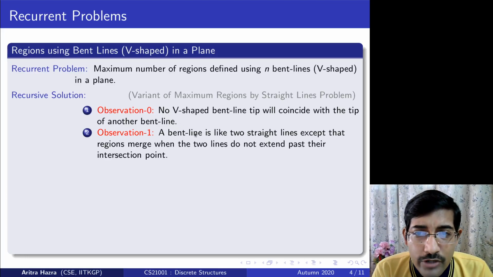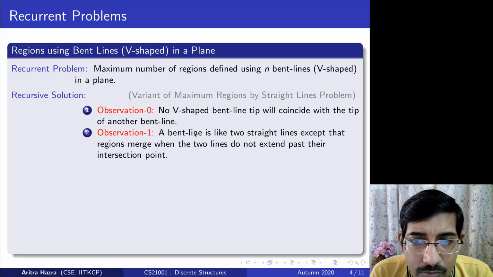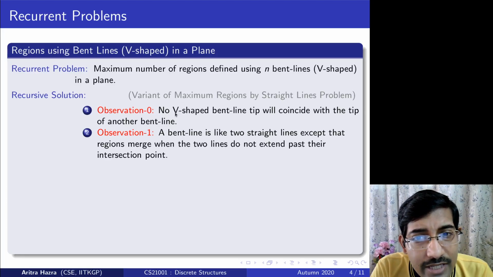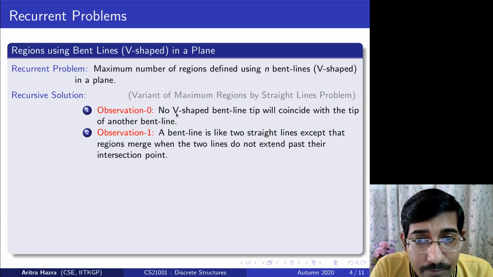So therefore, reaching the tip, these two straight lines will take exactly the same number of regions as in the earlier case. Beyond the tip, now the question is, observation 1 suggests that it is just like adding.